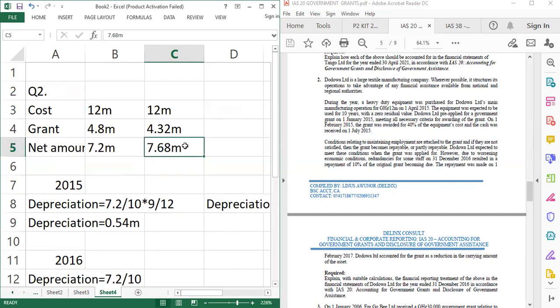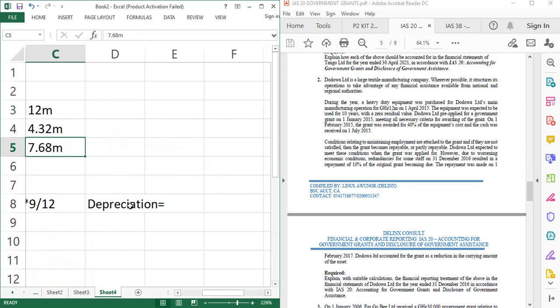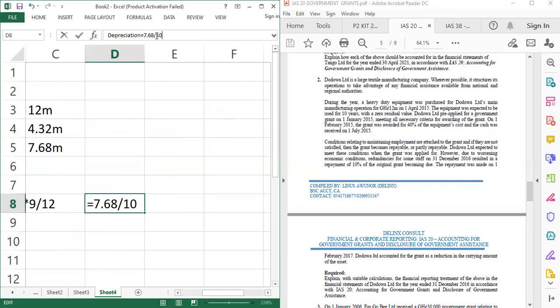So if the 10% of the grant was not taken at all, our net amount should have been 7.68. So if you're using 7.68, what should have been the depreciation every year? 7.68 divided by 10 times the first 9 months, which is 9/12.